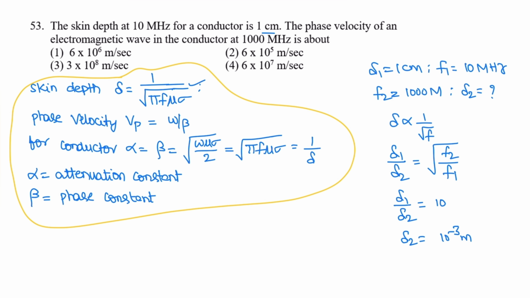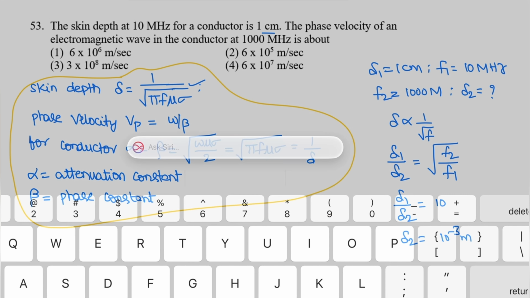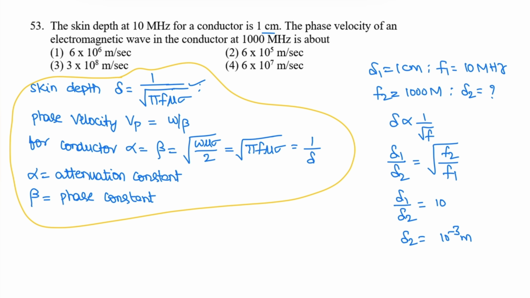Now the phase constant beta is 1 by delta 2, so it is 1 by 0.1 centimeter, so it is 1000 radian per meter.